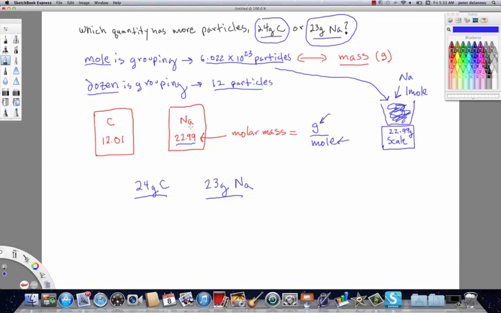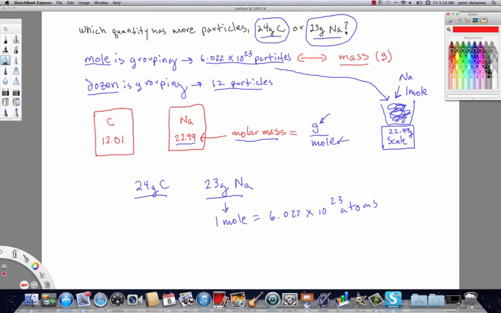We see that sodium's molar mass is 22.99 grams, which is just about 23. That means that this mass is approximately 1 mole, 6.022 times 10 to the 23rd atoms.